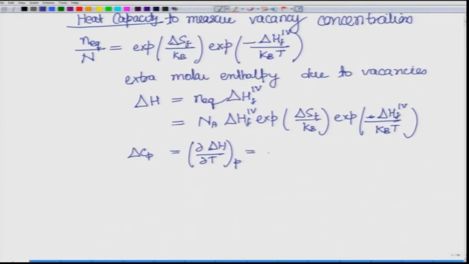So, this equation becomes something like this.